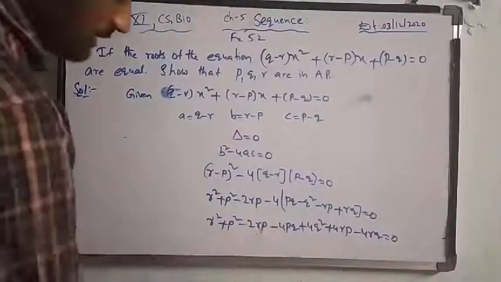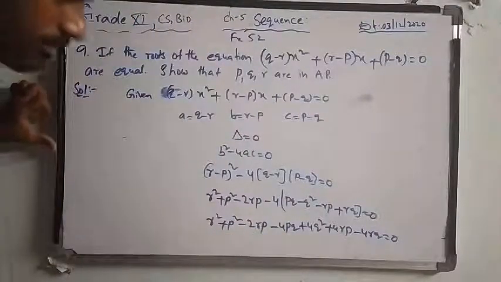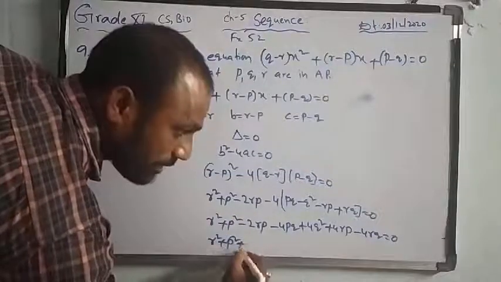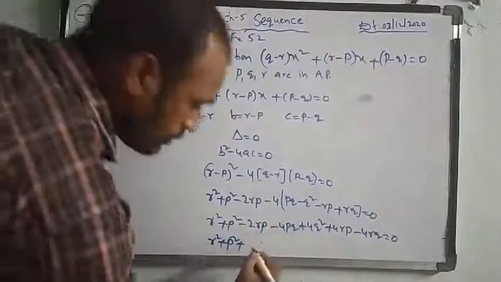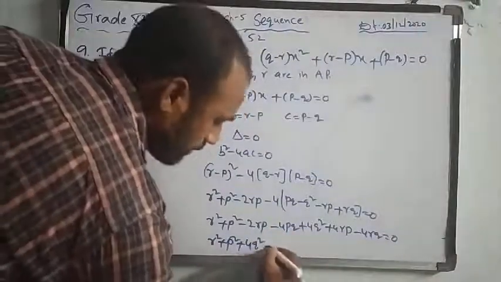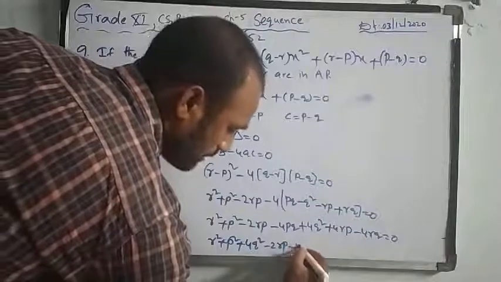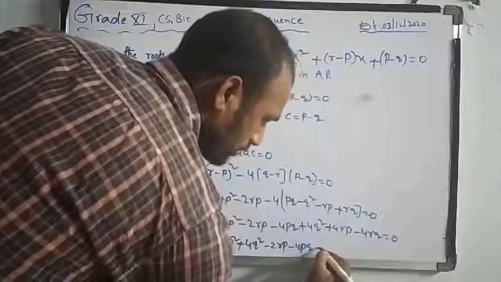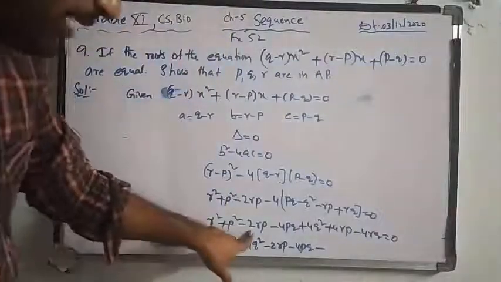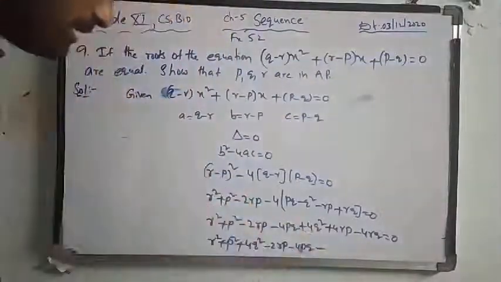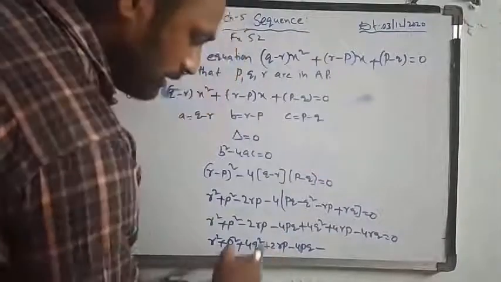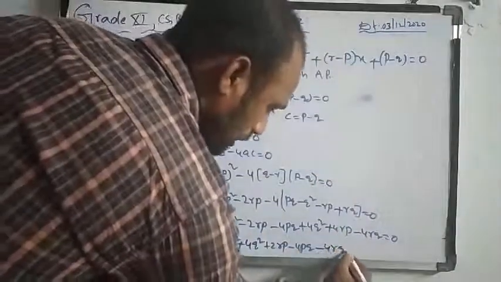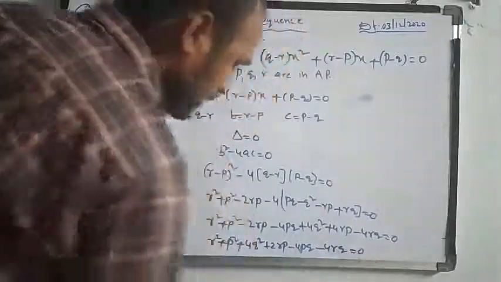So if we rearrange the terms, r square plus p square plus 4q square, minus 2rp plus 4rp, that is plus 2rp we can write, minus 4pq minus 4rq is equal to 0.